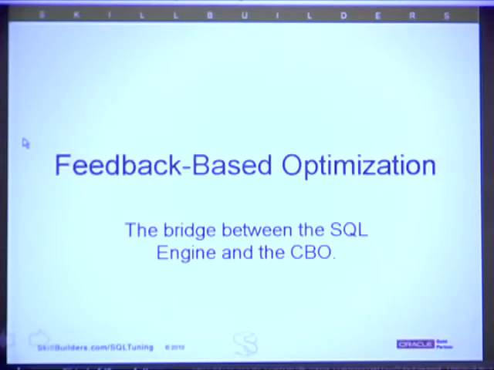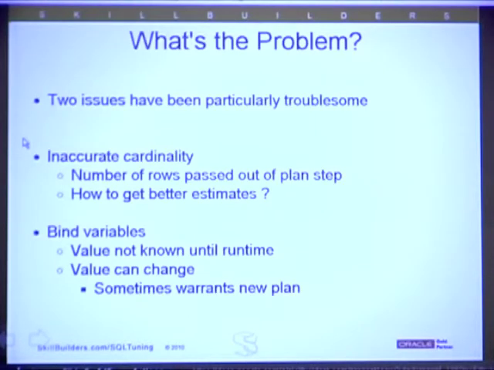So let's jump right in with feedback-based optimization. This might be considered a bridge between the optimizer and the SQL engine. The SQL engine is going to start automatically giving information back to the optimizer. So what's the problem? There's lots of problems, but the two main problems that this addresses is inaccurate cardinality.